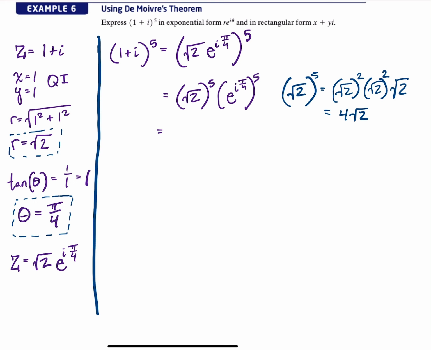So that means this should give us 4 root 2 e to the power, and the 5 will multiply into the exponent, so i times 5 pi over 4. So there's our exponential expression.